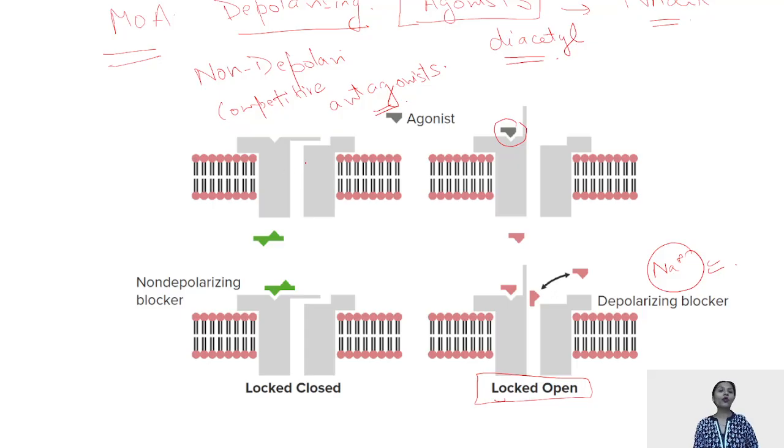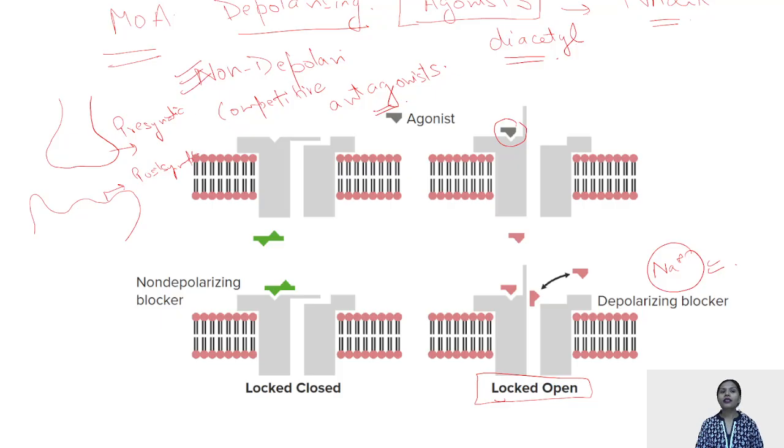But one more important thing about non-depolarizing agents: suppose this is the axon terminal, this is your muscle membrane, right? Some receptors are present presynaptically also, and most of the receptors of acetylcholine are present postsynaptically. Your non-depolarizing muscle relaxants are going to act also on your presynaptic receptors.